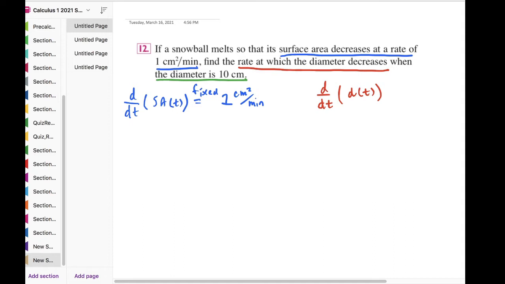Okay, so first of all, we need to know the surface area for what type of object. For what type of object do we need to know the surface area? A sphere, yeah. Anyone know the surface area for a sphere?